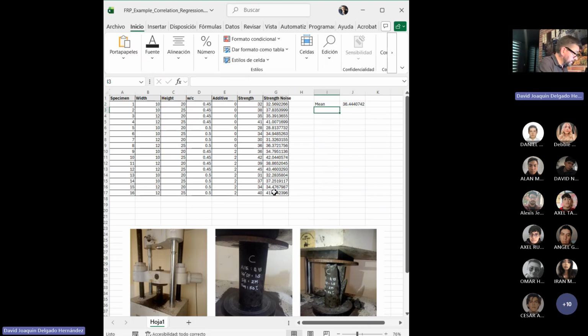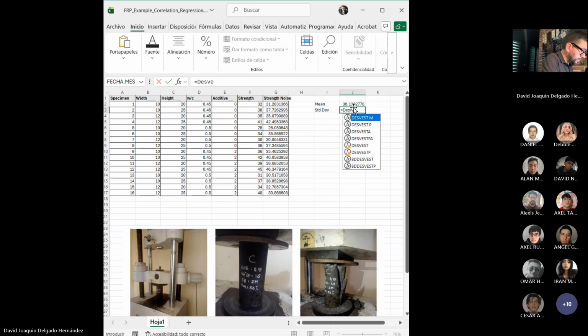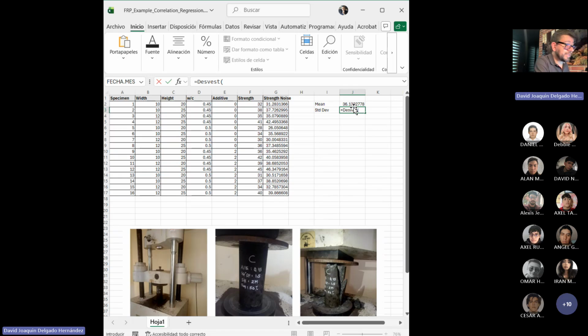Then I am going to put the standard deviation. And the formula here, in Spanish, will be desp est, and you select again the same range of values.